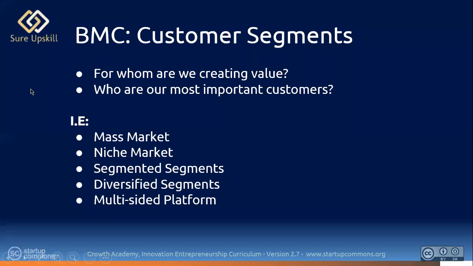Now, let's look at business model canvas, customer segments. So for whom are we creating value? We have to answer this. And who are our most important customers? So are we creating a mass market, niche market, segmented market, diversified segments, multi-sided platforms? Select one or more of these areas.